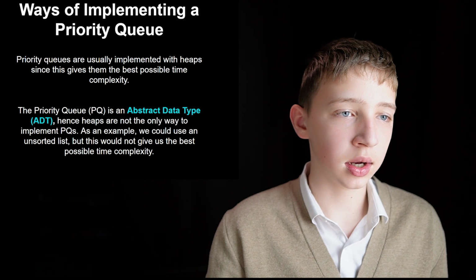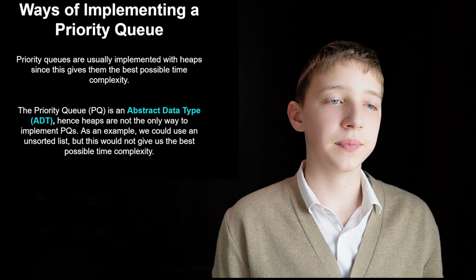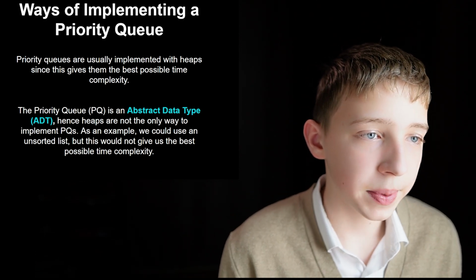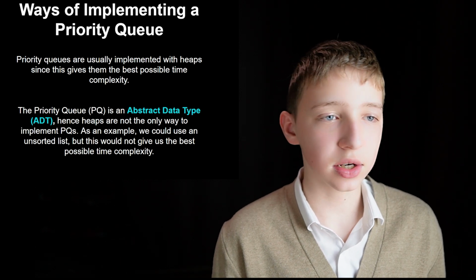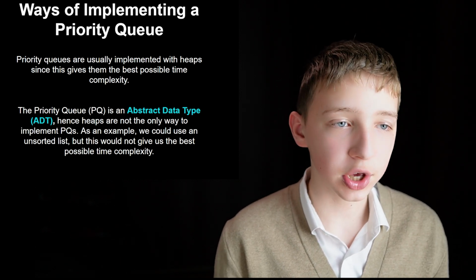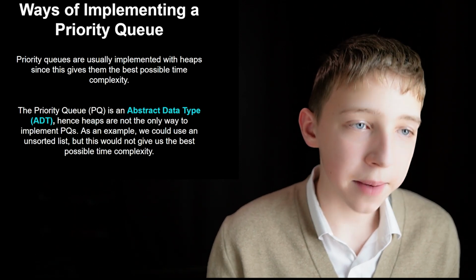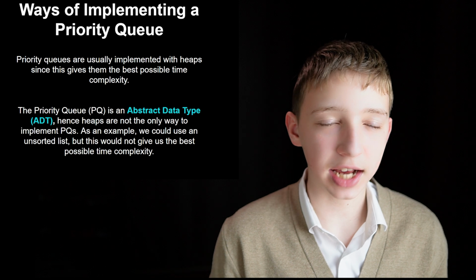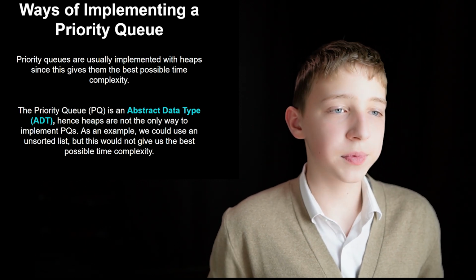However, I want to make something clear: a priority queue is not a heap. A priority queue is an abstract data type, and it could be implemented in a lot of different ways.